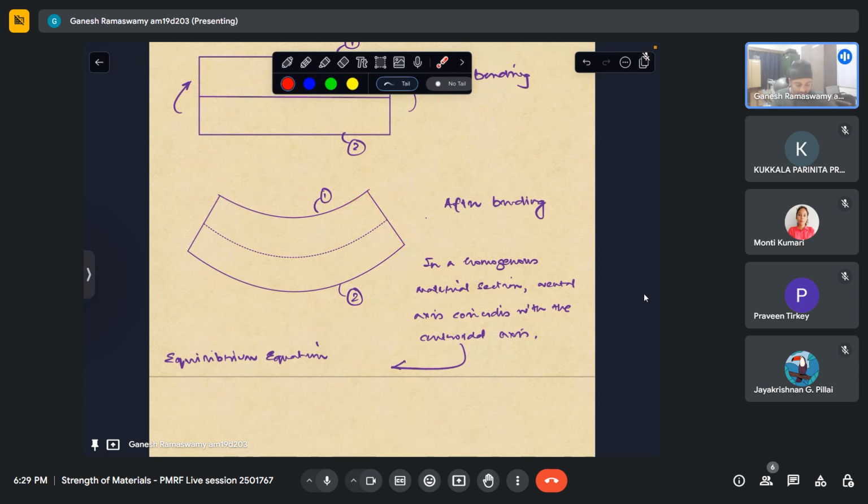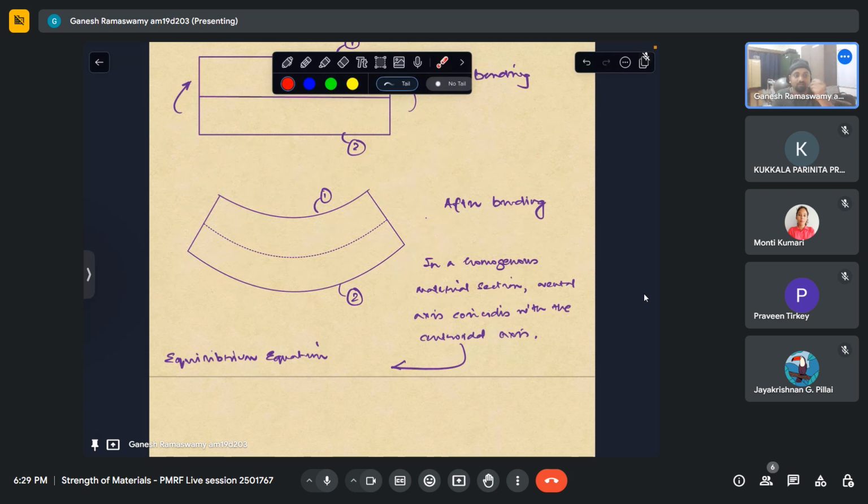And from our previous discussion, we know that wherever the tension to compression transition happens, at that point the neutral axis lies, because it experiences no change in its length.